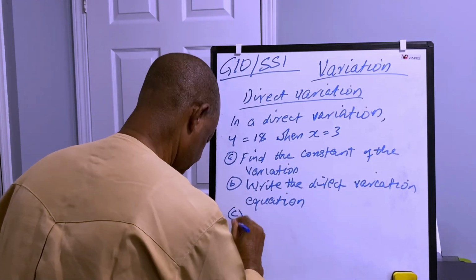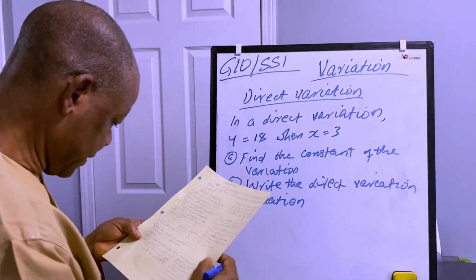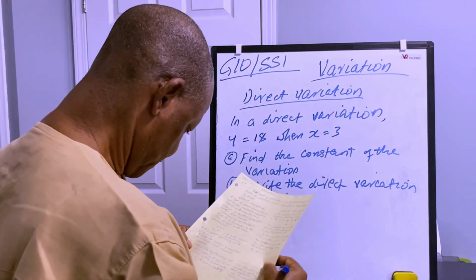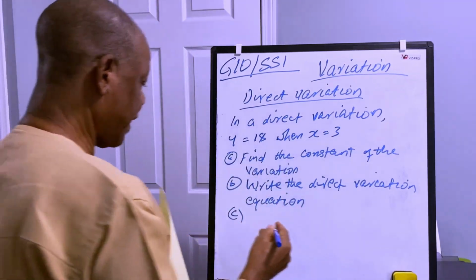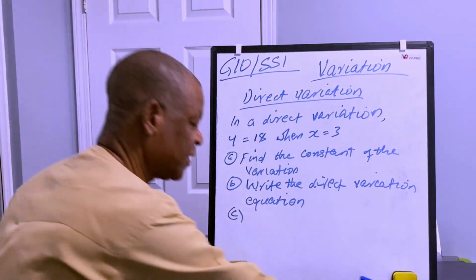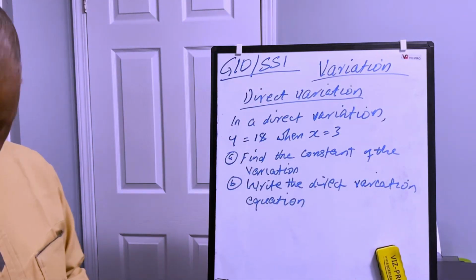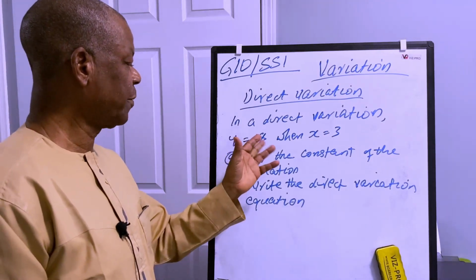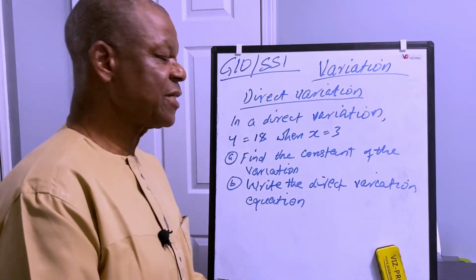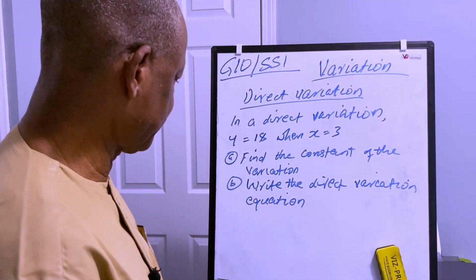C, we are now expected to find... okay, for this very first one, let's solve these two. The information is when y is 18, x is 3.